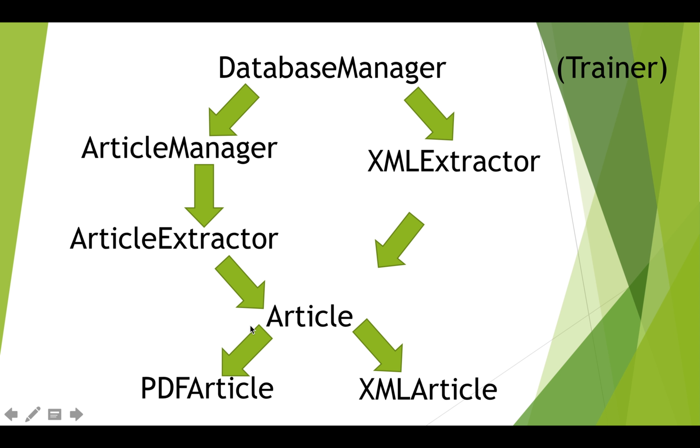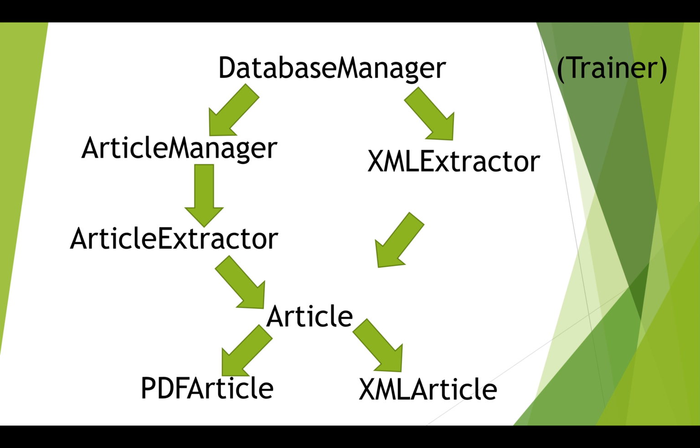And then down below, in the module article, there's two classes, the PDF article and the XML article, which just gives you some flexibility in the types of articles. You have the opportunity to extract from both types of articles, be it a PDF document or from an XML formatted group of articles from the PubMed Central site.